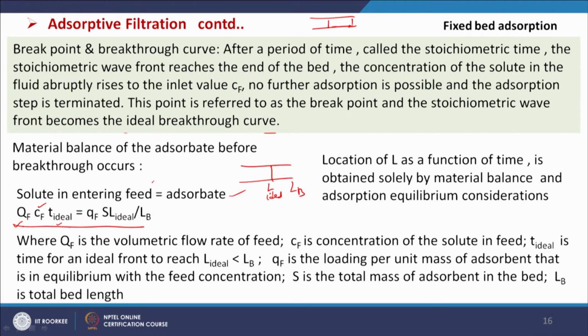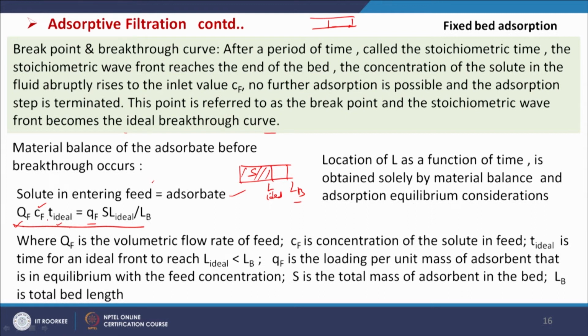So, this is the ideal front and in that case this is L ideal. L ideal divided by LB, if S is the material present in the whole length, then within L ideal the material present is S into L ideal divided by LB. This material into the specific uptake is the adsorbate captured by the adsorbent present in this part.